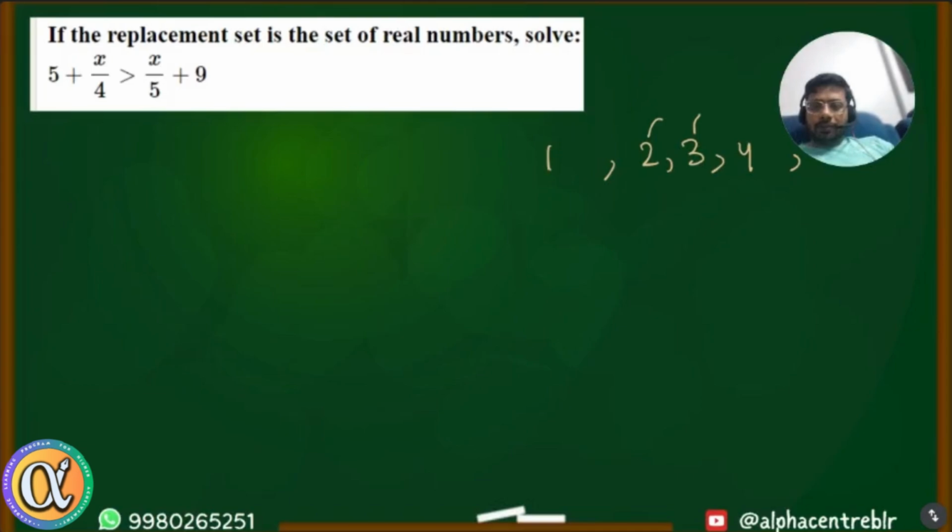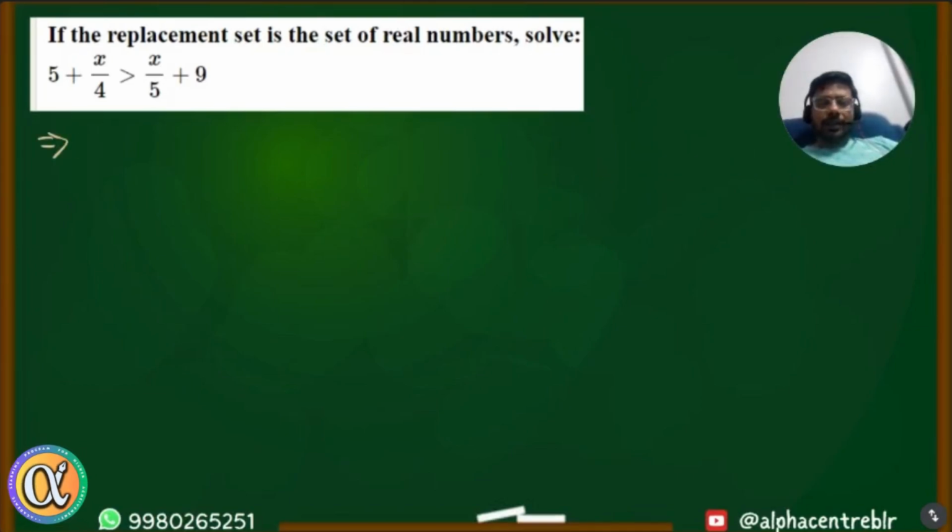Please simplify this and tell me the final answer. What is the inequation, Maria? I got x is greater than 80. Yes, x is greater than 80 is correct. See, I did the opposite of what you did.